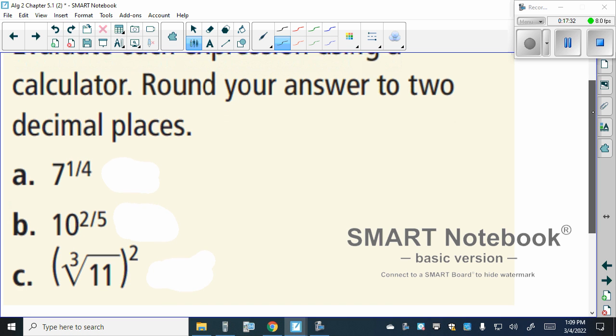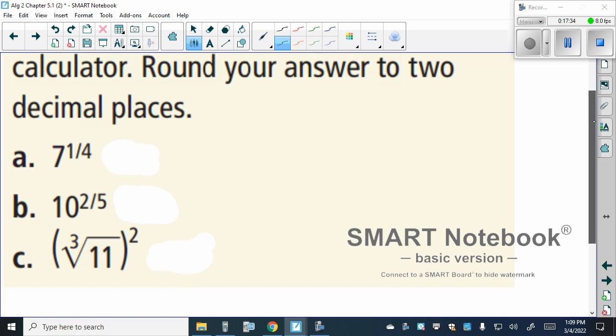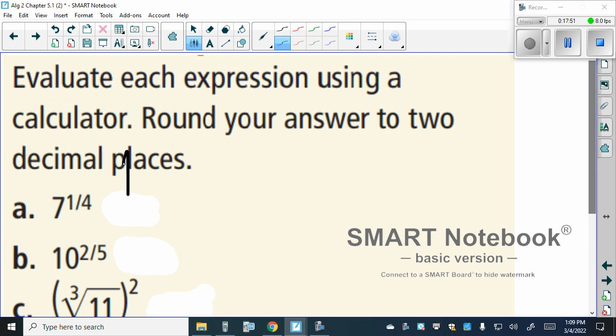So 7 to the 1/4 would be? 1.2 decimal places? 6.3.